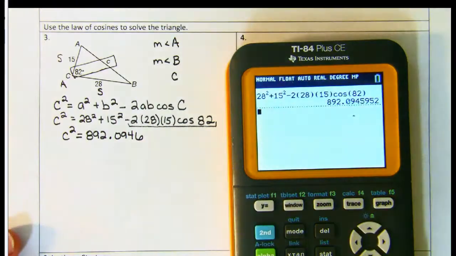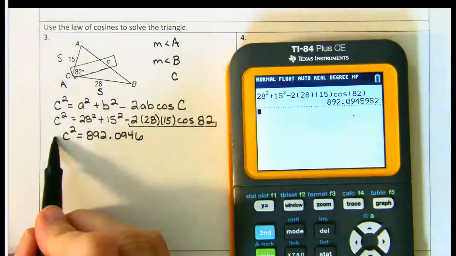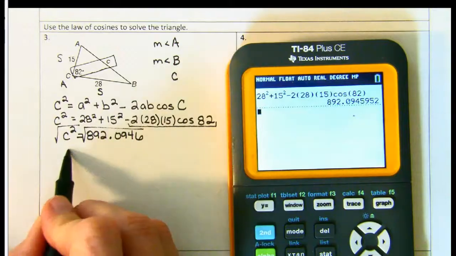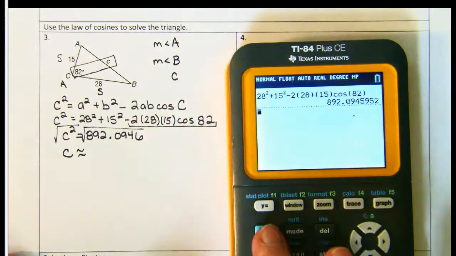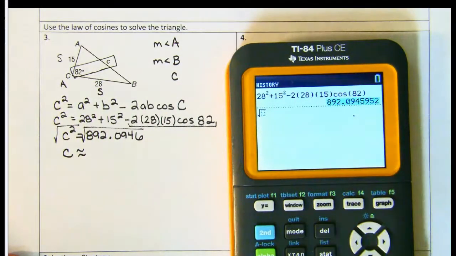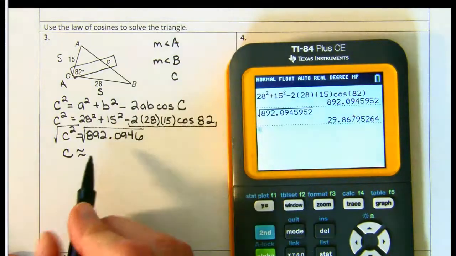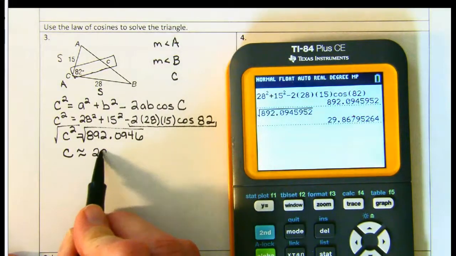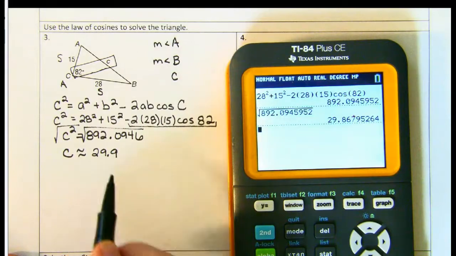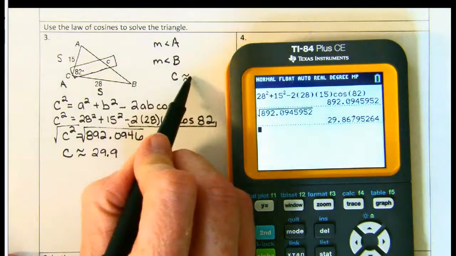I'm going to go to the 10,000ths place to avoid round off error. Then I'm going to square root both sides, but I'm going to let that calculator do the work for me. So I'm going to grab that, hit enter, and that is going to give me the side of 29.9. So that is officially C.